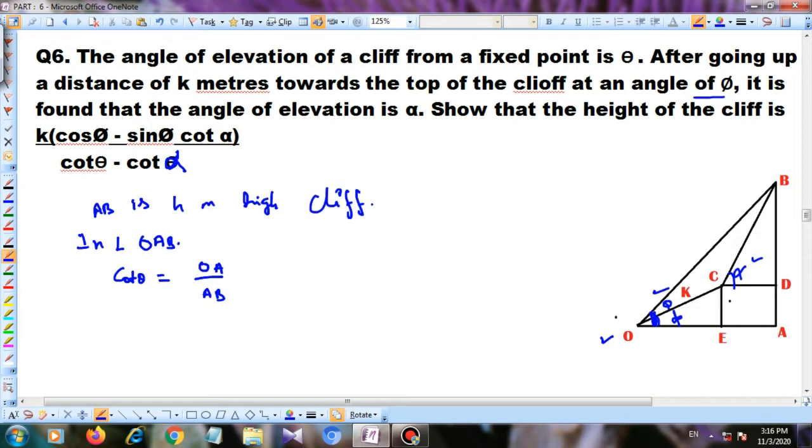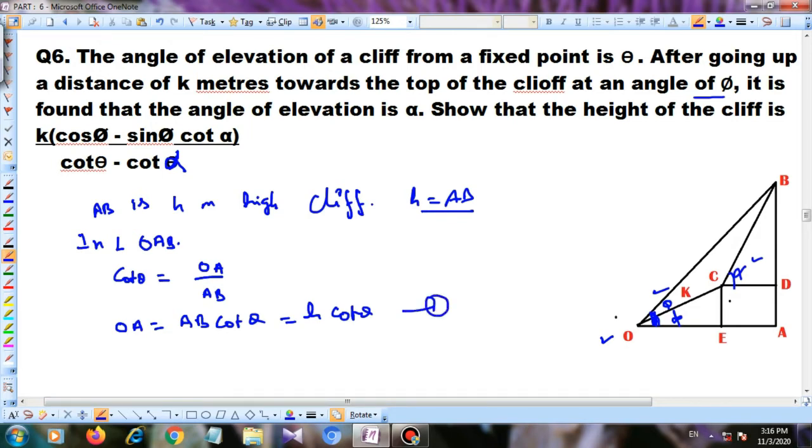So the value of OA equal to AB cot theta, AB is h, means h cot theta, right? This is our first equation.